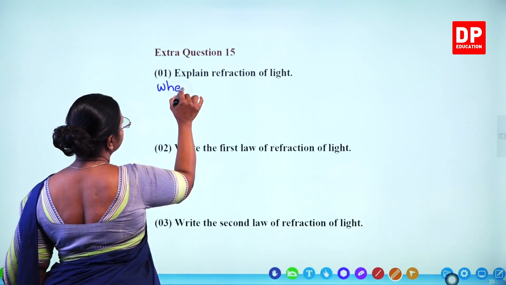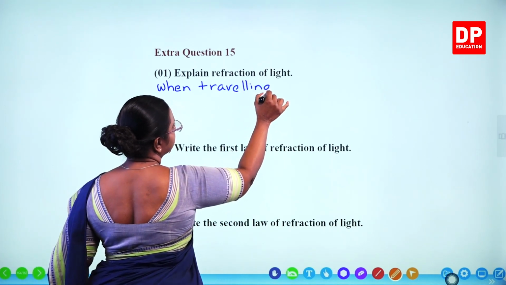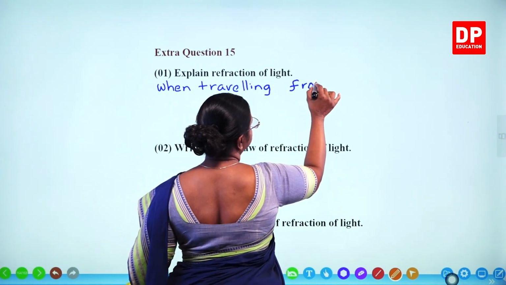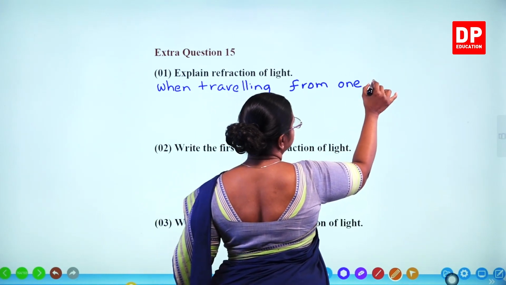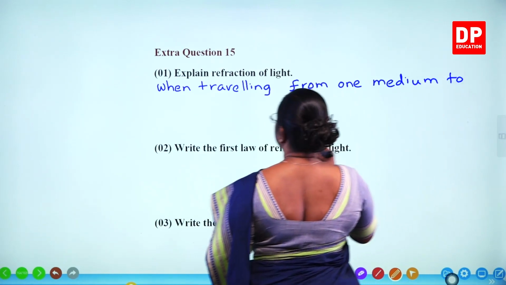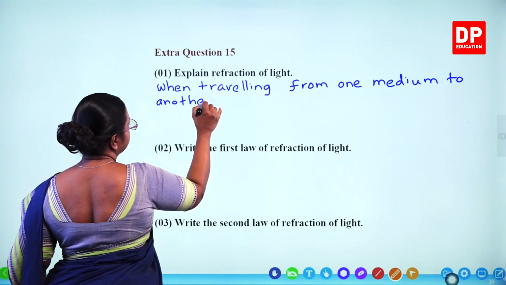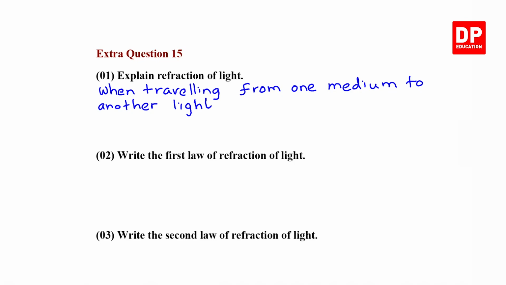When traveling from one medium to another, light bends from its path.